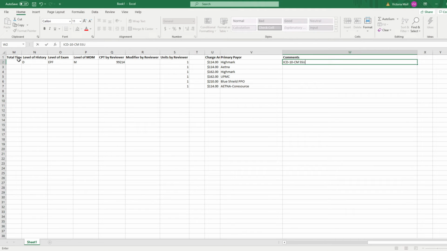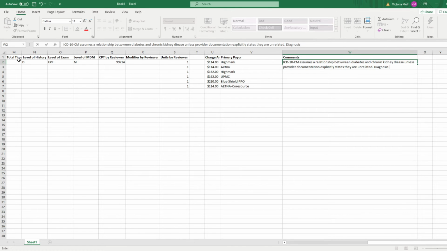ICD-10-CM assumes a relationship between diabetes and chronic kidney disease unless provider documentation explicitly states they are unrelated.